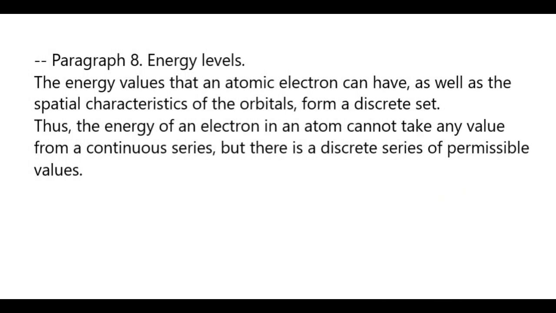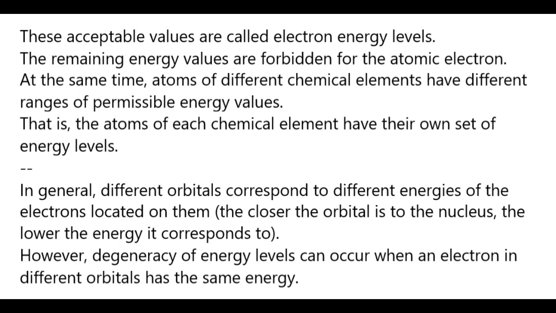Paragraph 8. Energy levels. The energy values that an atomic electron can have, as well as the spatial characteristics of the orbitals, form a discrete set. Thus, the energy of an electron in an atom cannot take any value from a continuous series, but there is a discrete series of permissible values. These acceptable values are called electron energy levels. The remaining energy values are forbidden for the atomic electron.